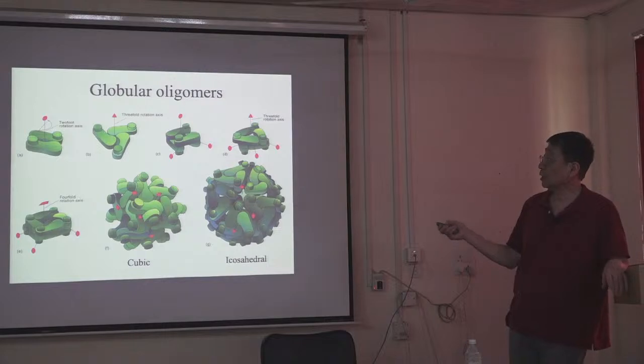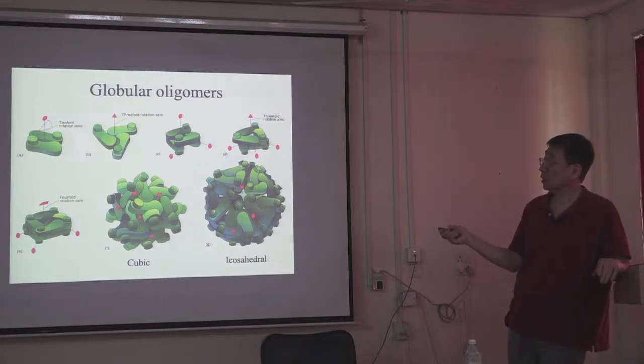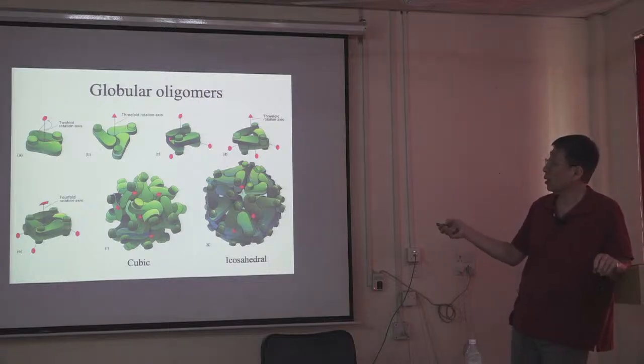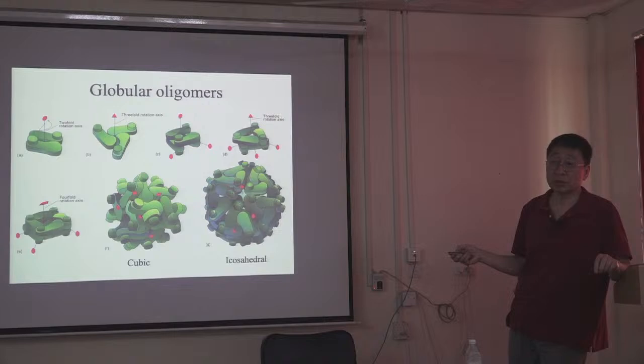And then another example of oligomers, not linear but globular, spherical in shape. You can have two molecules come together forming a dimer, trimer, tetramer, hexamer, octamer, cubic structure, and the icosahedral is what you use to form a virus.